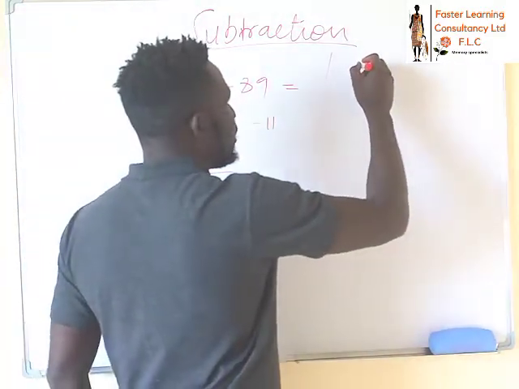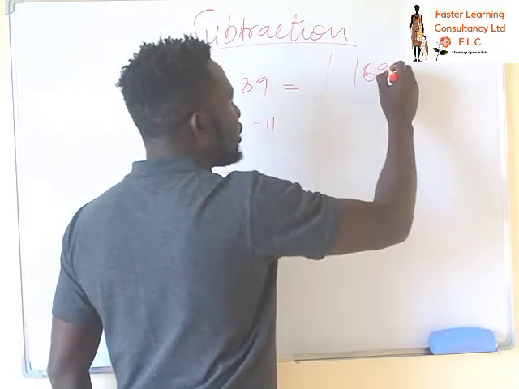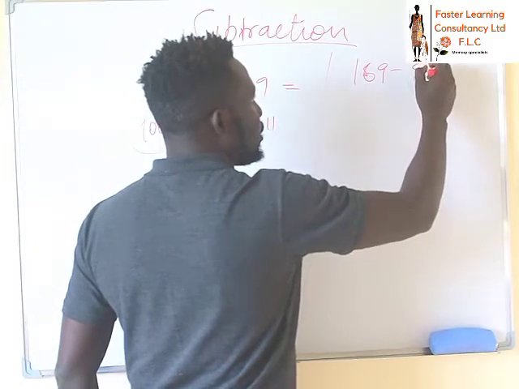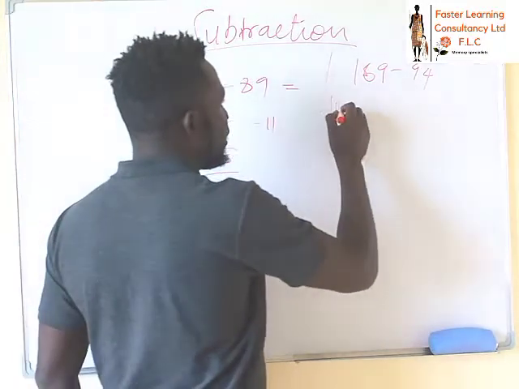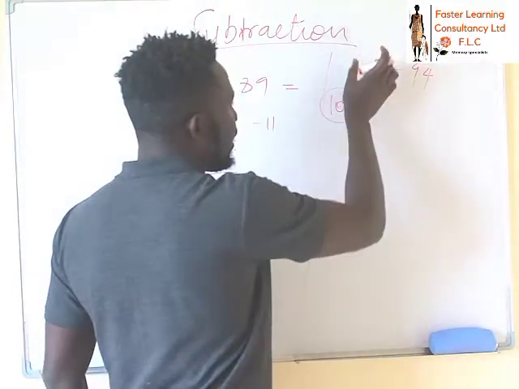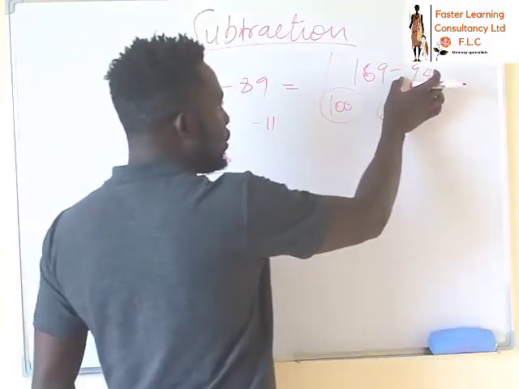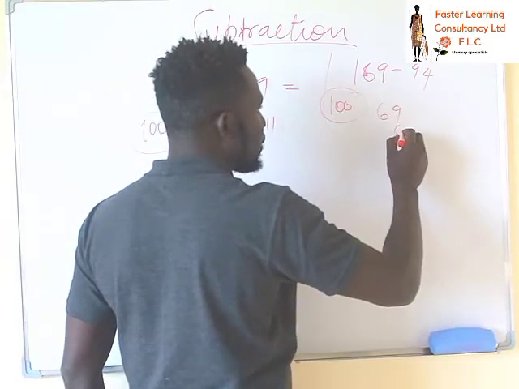Let's say 169 minus 94. The same strategy works. I will take 100 as my reference number. Above 100 is 69. Below 100 is 6.